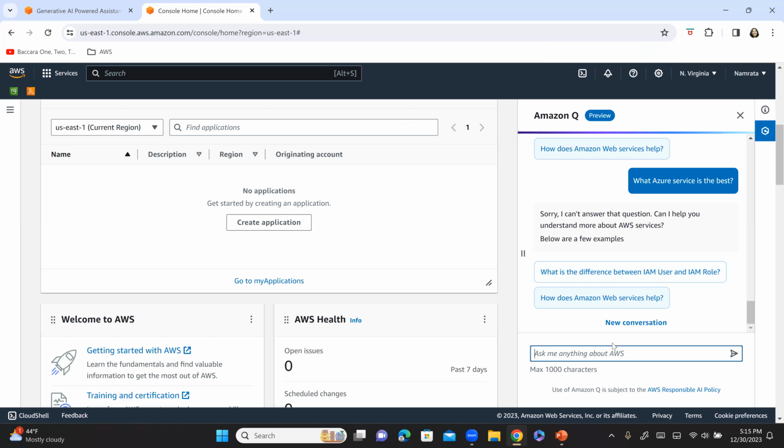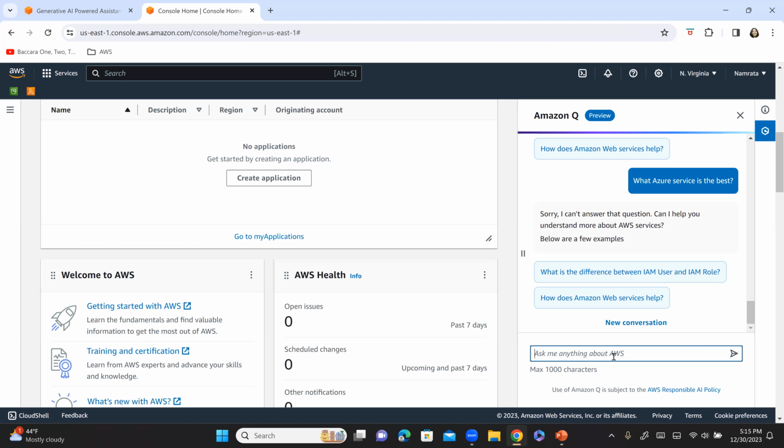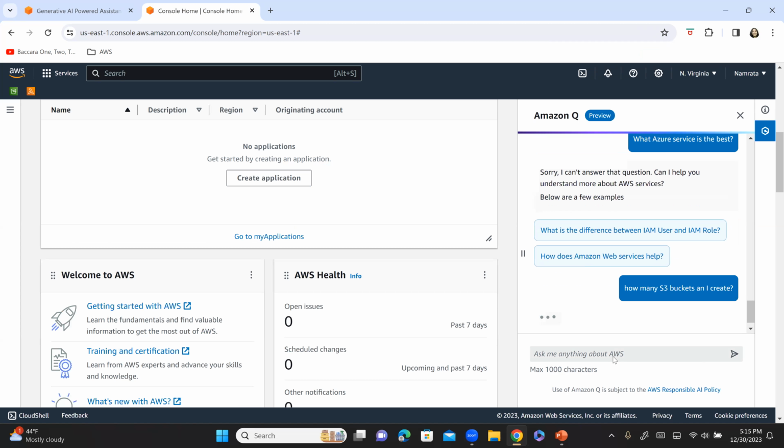Now over here, you can ask any questions. For example, let me ask how many S3 buckets can I create? This will look at my authorization, my account, the documentation and everything else before it curates and gives me a response.